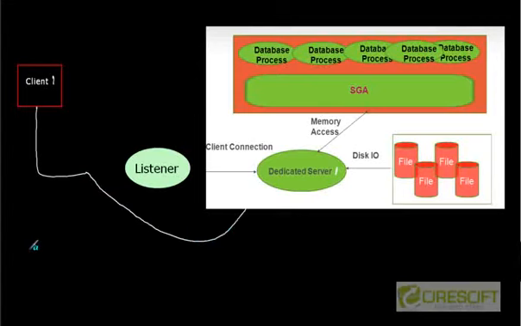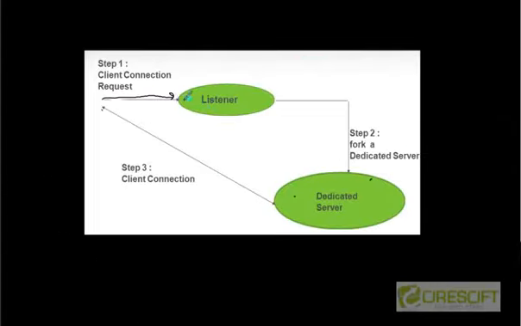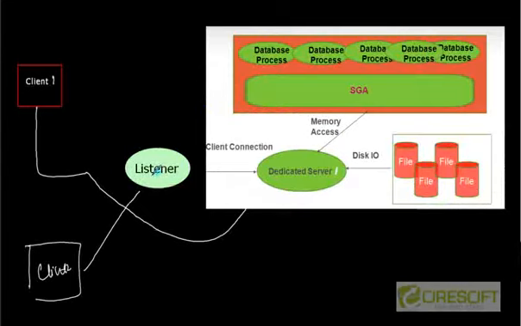Again client 2 comes: step 1, it goes to the listener, and the listener forks another dedicated server, DS2, and asks the client to connect directly to that dedicated server process.